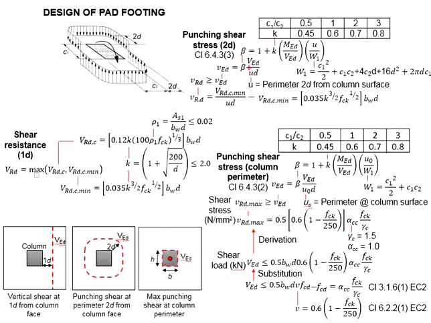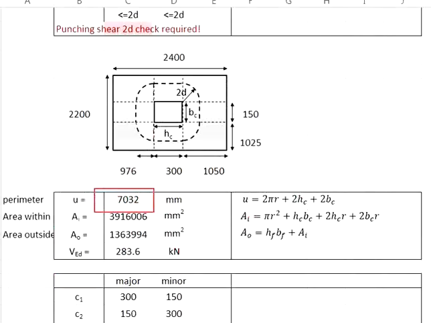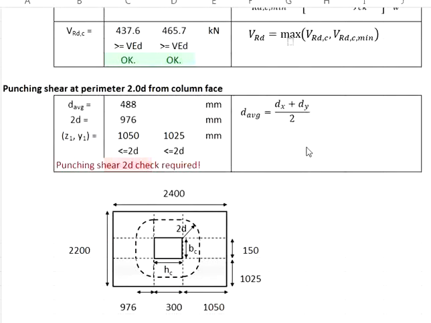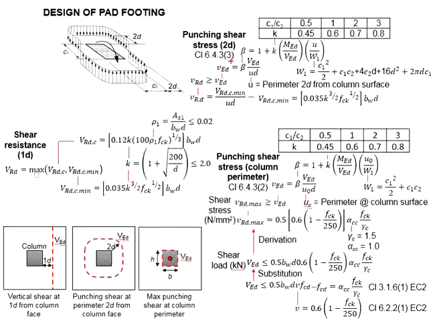You have calculated the u, which is the perimeter of 2D, equal to 7032. You have also the d, which is taken as the average effective depth, equal to 488 mm. Now you need to determine the beta in order to quantify the influence of the moment onto the shear stress. The equation to determine the beta is given here, for which you need to calculate the W1, and also you need the k here.